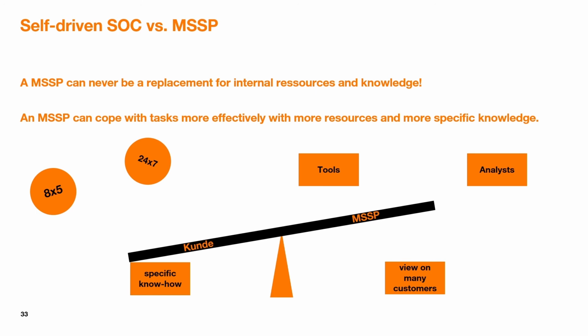And on the other side, we have the MSSP with a wider view on different customers, on many customers. So there are pros and cons in the daily business, in the skills, the tools that can be used, as well as on the coverage. It's hard to staff 24/7 SOCs for an internal usage.